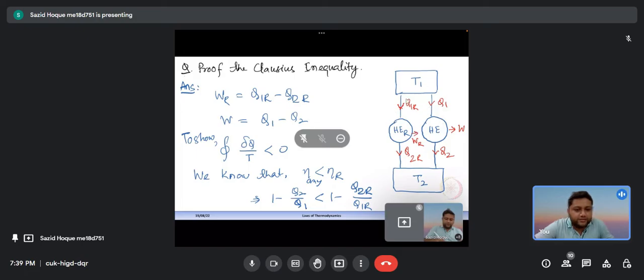For the same process, the heat taken by the reversible heat engine is Q1R and the work done is WR, and for the normal heat engine the efficiency is W by Q1. We need to show that for any heat engine, the integral of del Q by T is less than 0. This is known as the process inequality.